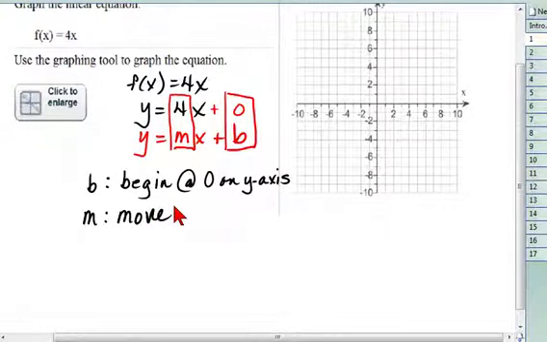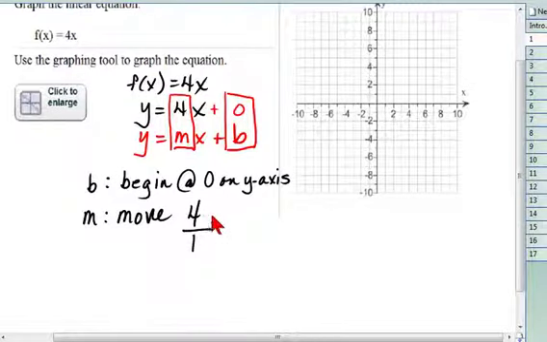What number is the slope in this problem? 4. Slope is always written as a ratio. So I'm going to put it over something. What can I put it over? 1. Now, I don't know how much you've thought about slope lately, but slope is the rise over the run. It is the change in y over the change in x. The numerator is the vertical component.